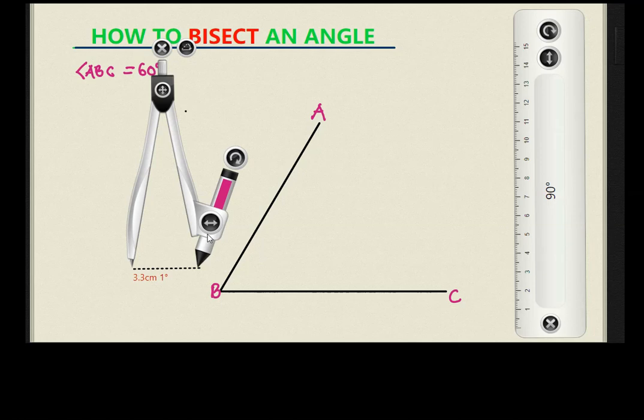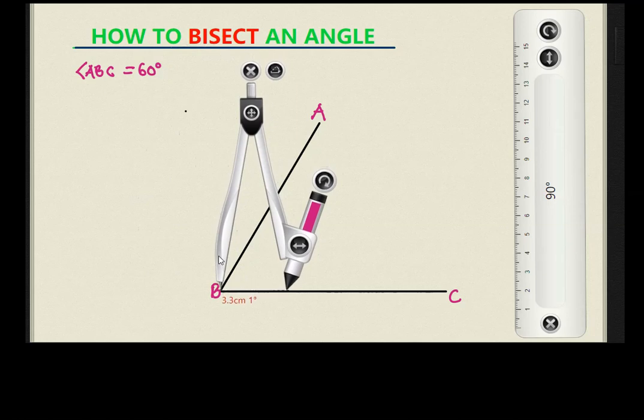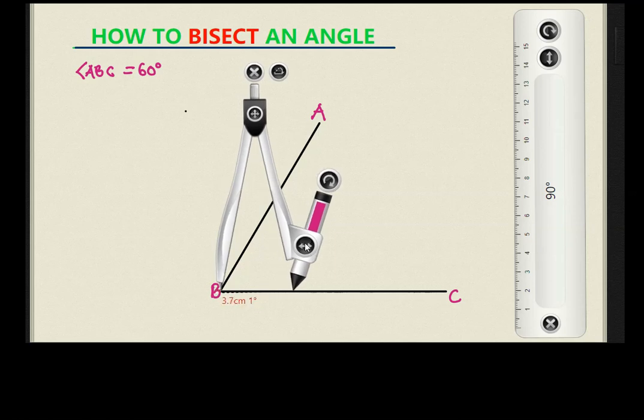So anytime you hear me mentioning radius, you'll know I'm adjusting the distance between the tip and where the pencil is placed. So I'll take my compass such that the tip or the pointer of the compass is at point B, and then I'll adjust some radius.